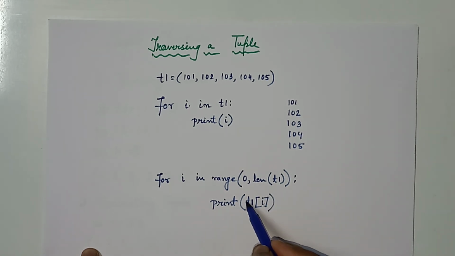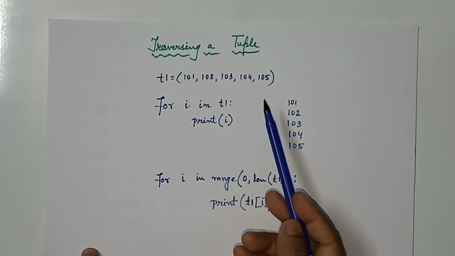So here we are going to access the tuple. It will also give you the same output, but here we are accessing the tuple using the index. So both ways are possible to access the elements of a tuple.